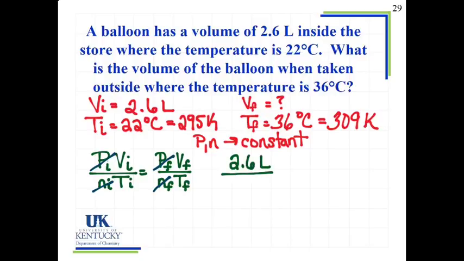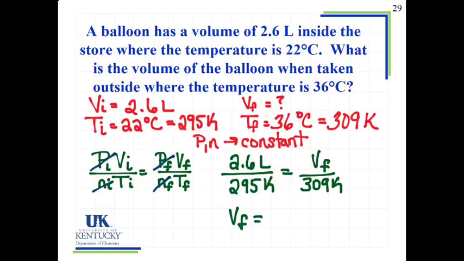Now we can substitute in our values given in the problem: 2.6 liters over 295 Kelvin equals the final volume over 309 Kelvin. We can rearrange and solve for the final volume, and we get 2.7 liters. Remembering that volume and temperature are directly proportional, as the temperature goes up, the volume is expected to go up.